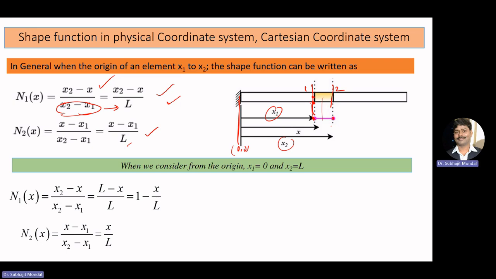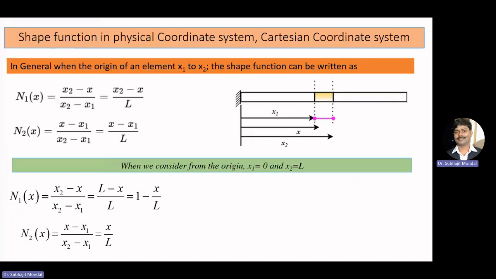Now if we consider the element at the origin, for example, an element where this value is 0 and this value is L, then we can rewrite the shape functions in this way. (x2 minus x) by L, where x2 is nothing but the length of the element L, becomes (L minus x) by L. So the shape function at node 1 will be 1 minus x by L, and at node 2 the shape function will be x by L. These are the two ways we can write the shape function in our physical coordinate system, which is our Cartesian coordinate system.